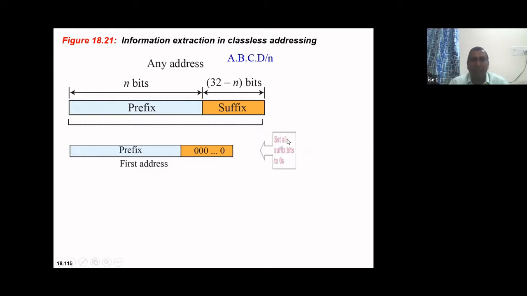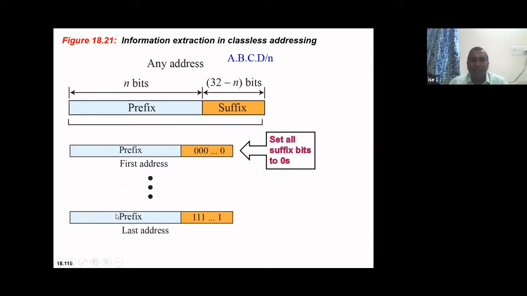Similarly, we can find the last address. The last address is again very simple. Keep the prefix as it is. Do not change anything in the prefix. Only the last 11 bits change, because we have taken the prefix length as 21, and the prefix length may vary since this is the classless addressing concept.